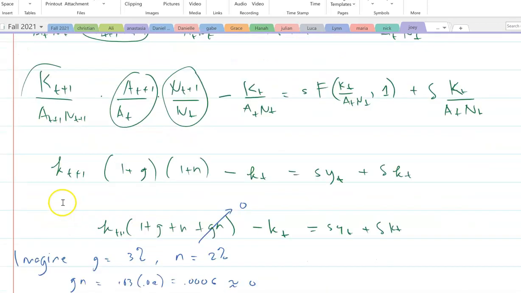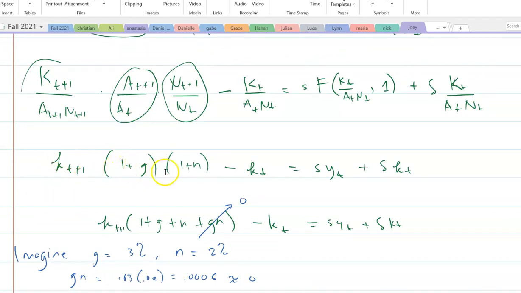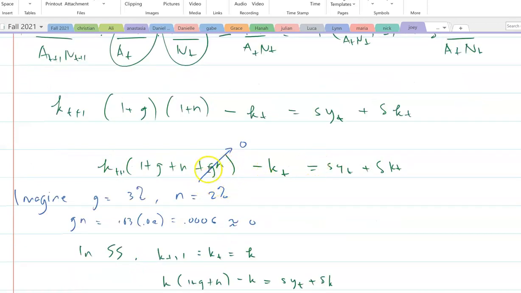So you'll have little k_t+1 is equal to 1 plus g times 1 plus n, minus k_t. These are now little letters, so these are per effective terms. And (1 plus g) times (1 plus n) is just going to be 1 plus g plus n, because g times n is assumed to be about 0, it's very small.